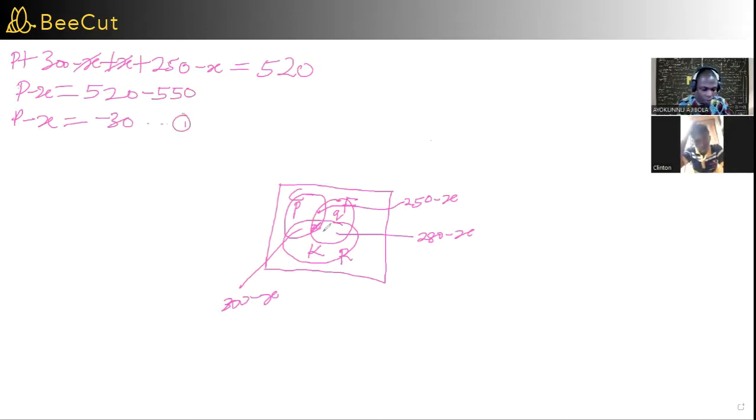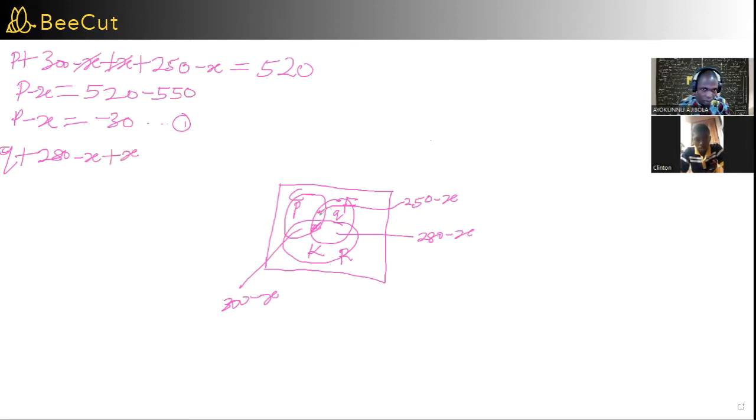Then going back to the other place where I have Q on the F. F also has been given to be 45%, which is 450. So I must add everything inside this place to give me 450. So let's add. I have Q plus the next one, 280 minus X. Then plus the X at the middle.